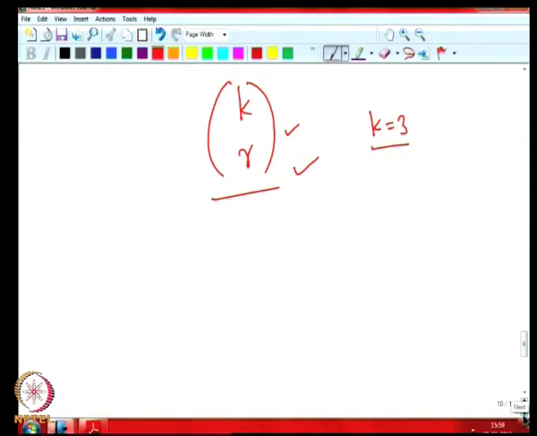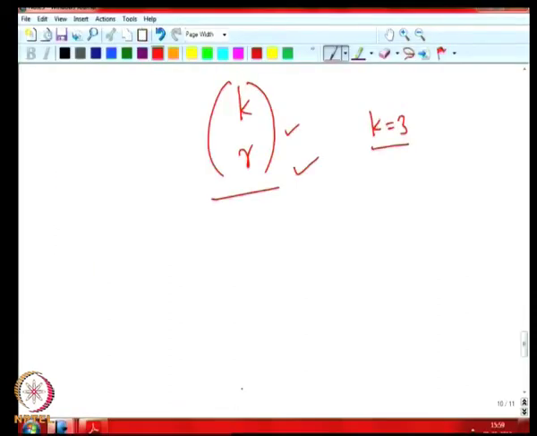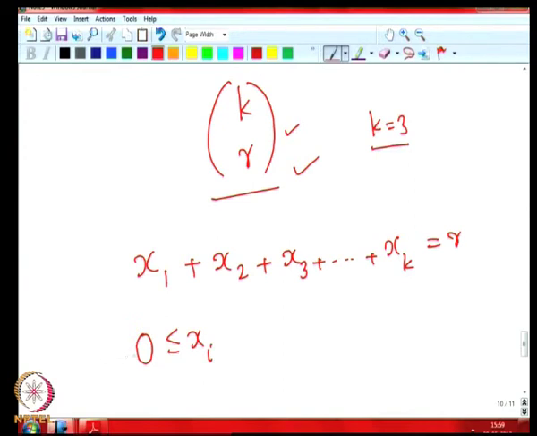Now, what we want to look at is something which we have already seen, namely its equivalence to the integral solutions of x1 plus x2 plus xk equal to r, right. So, that is what we will see. We will again consider the equation x1 plus x2 plus x3 plus xk equal to r. Say we are interested in the situation where each xi is greater than or equal to 0, for each xi we have this condition.